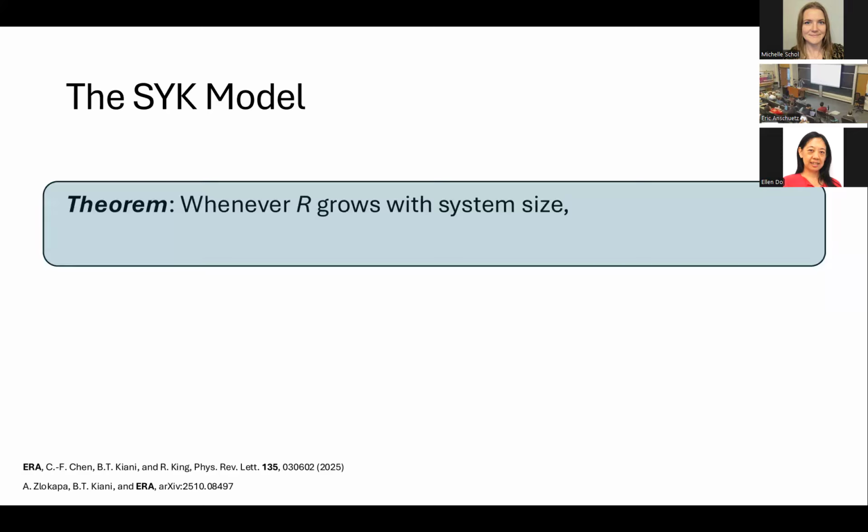So we show in these two papers that whenever this R, this decomposition, grows with the system size, quantum algorithms succeed in optimizing this problem to any constant approximation ratio you want.